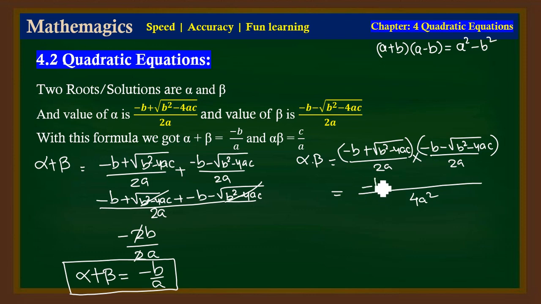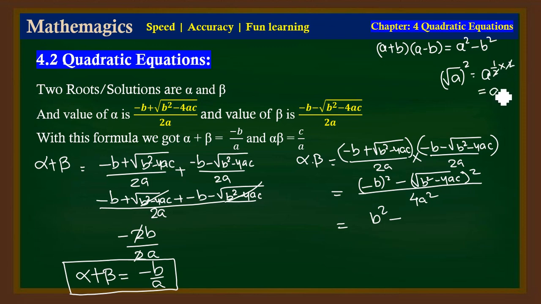That gives minus b whole square minus root of b square minus 4ac whole square. The next step: minus b whole square becomes b square, because minus into minus is plus. Now, dear friends, we know that root and square both get cancelled, because root a whole square is a to the power 1 by 2, and again whole to the power 2, so both the 2s get cancelled and the answer becomes a.